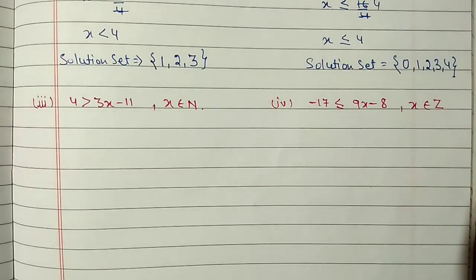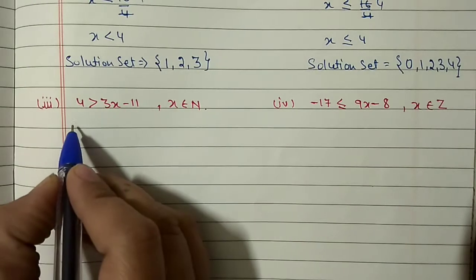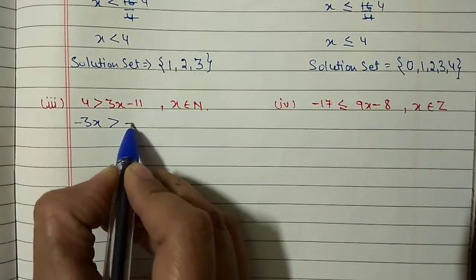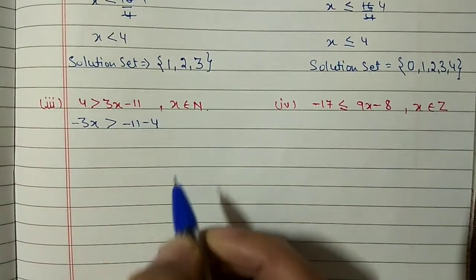Next third part, 4 greater than 3x minus 11. So first we will simplify this inequation. This 3x I can shift this side, it will become minus 3x. Minus 11 is as it is and this 4 when I will shift another side it will become minus 4.